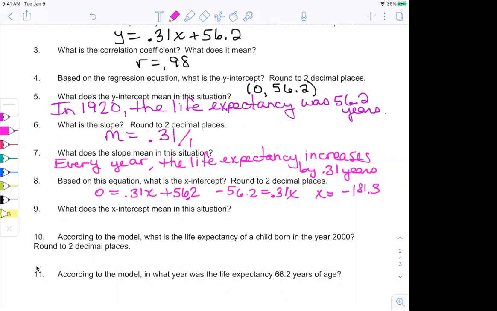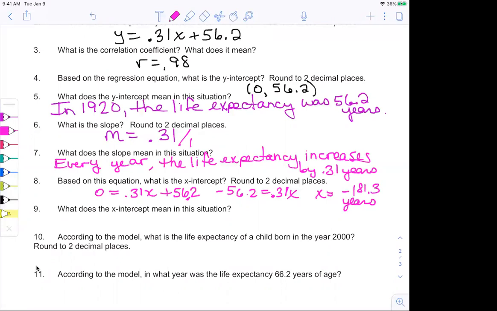So when we go to decide what this means, when you have a negative x value, remember this is the year. So it's saying we're going backwards in time 181.3 years. But we need to correlate that with the actual year that would represent. So in number 5, we said in the year 1920.